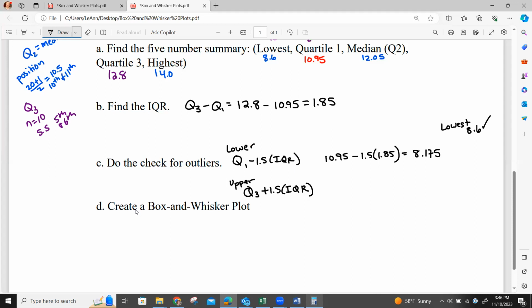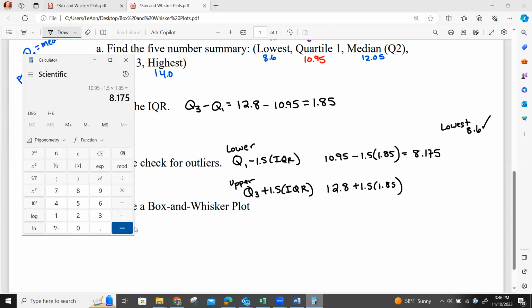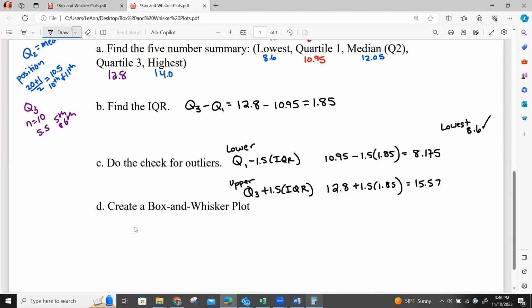Now, you have to remember to switch to Q3 for the upper limit, so that's 12.8 plus the 1.5 times the 1.85, which is our IQR range. So 12.8 plus 1.5 times 1.85, that is 15.575.